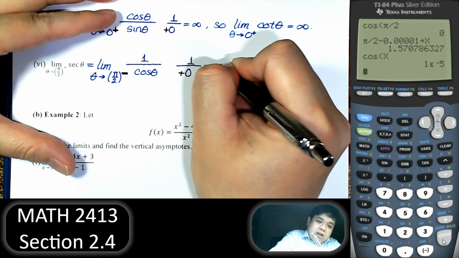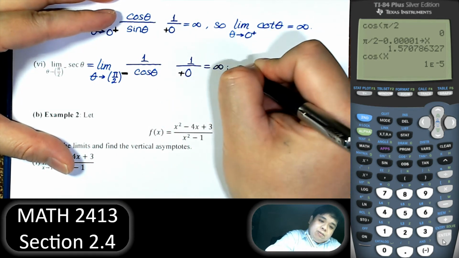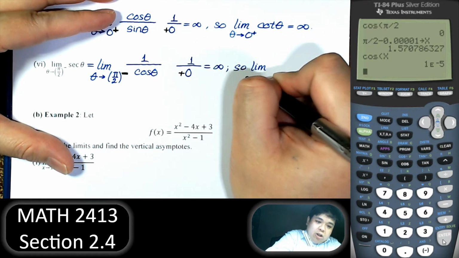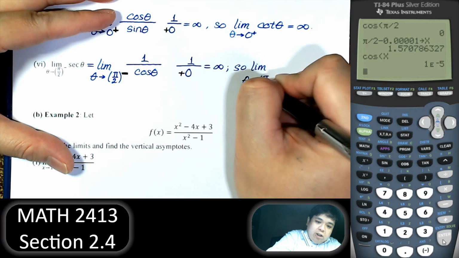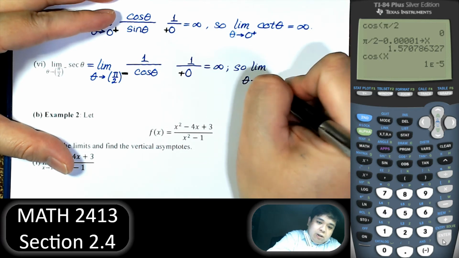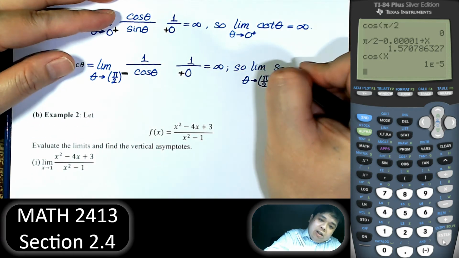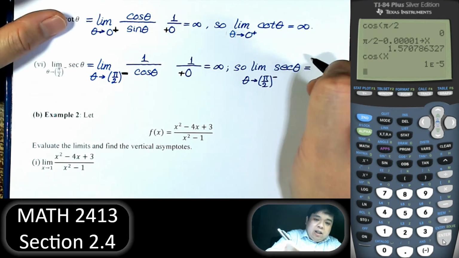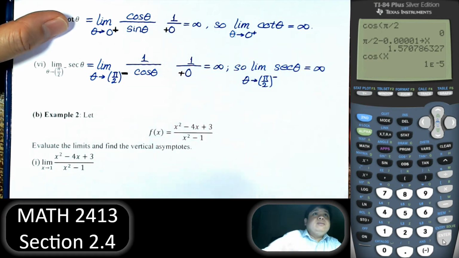Positive divided by positive is positive. So the limit as theta goes to pi over 2 from the left of secant theta is equal to positive infinity.